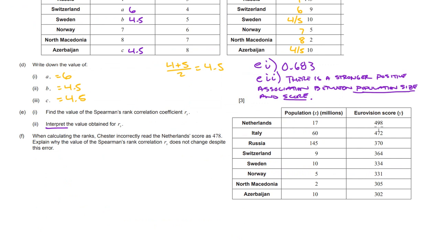So this one incorrectly read the Netherlands score as 478. So if this changed to 478, guess what? It's still the highest score. It still has a ranking of 1, which is what it had before. So even though it was off by 20, it doesn't change because it's still the highest score there.